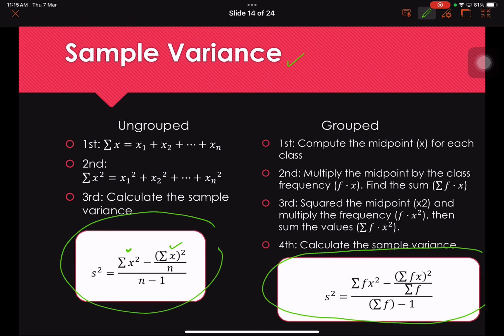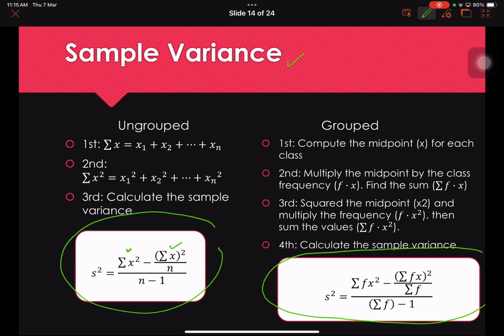So what is the summation of x squared? The first one here. You have to take your original data, square each of your original data. You square first, then we total up.